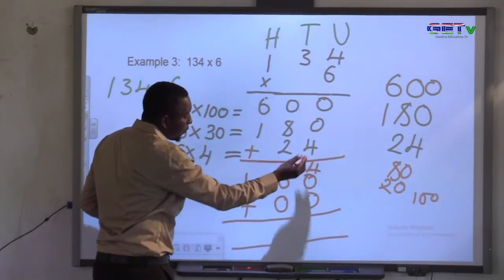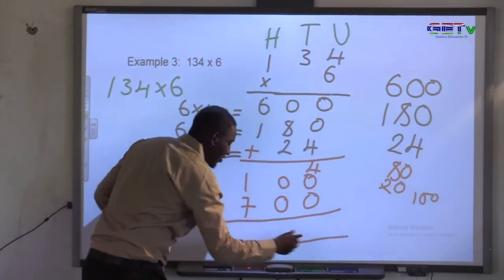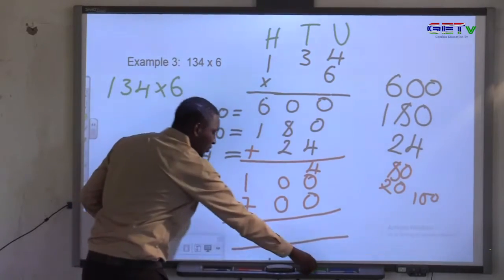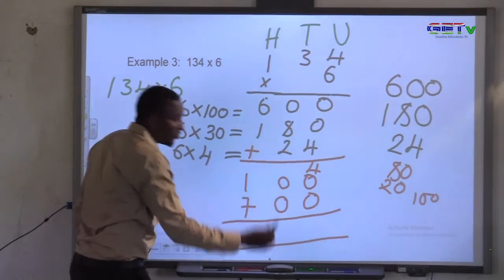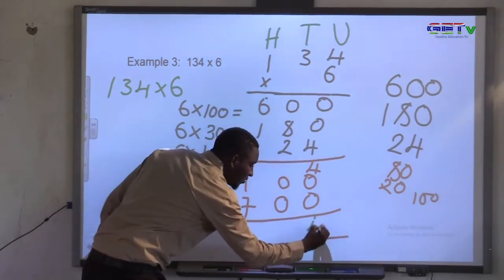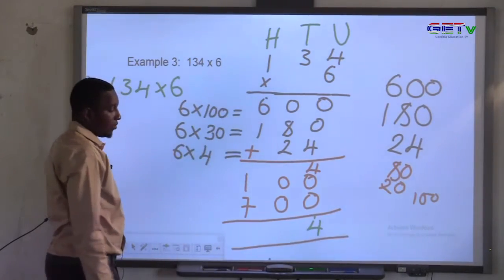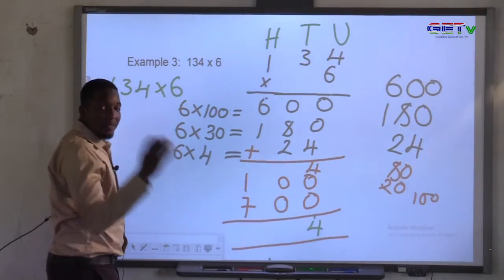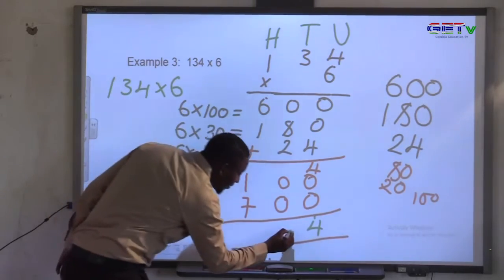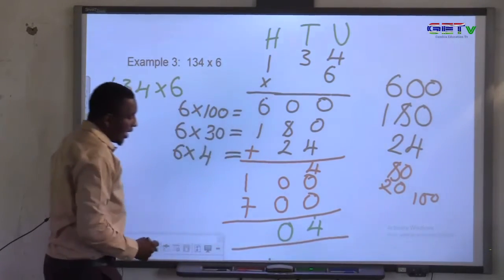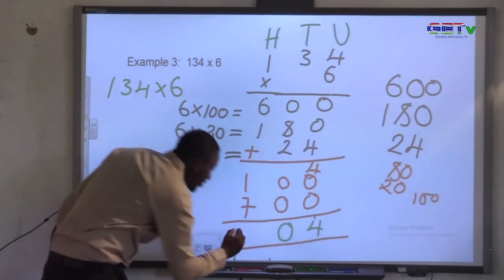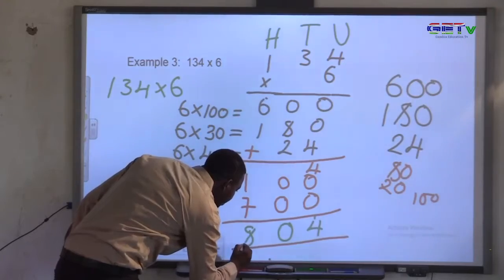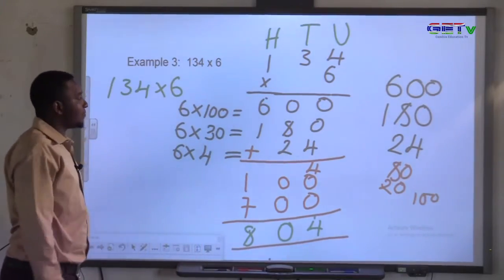4 plus 0 plus 0 is going to give us 4. Well, 0 plus 0 is 0, so we bring it down. And 7 plus 1 is 8. We have that down. Done.